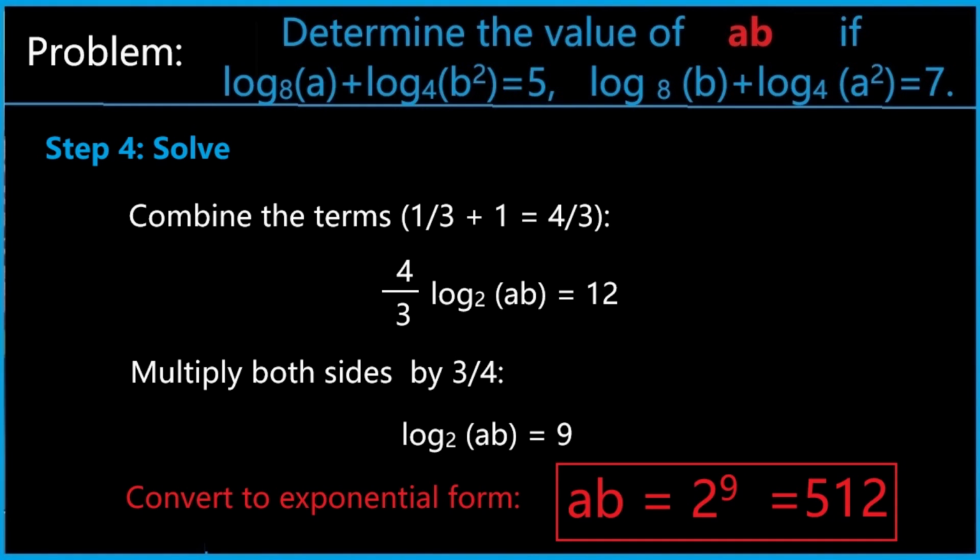Combine the coefficients. 1/3 plus 1 equals 4/3. Then multiply both sides by 3/4 to isolate the logarithm. This gives log₂ ab equals 9. Convert to exponential form. The product ab equals 2 to the 9, which evaluates to 512.